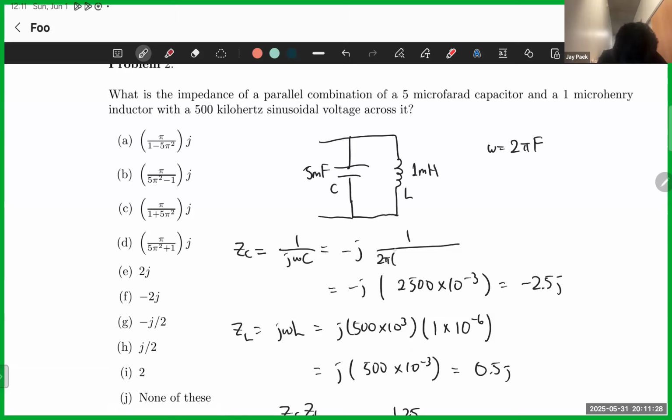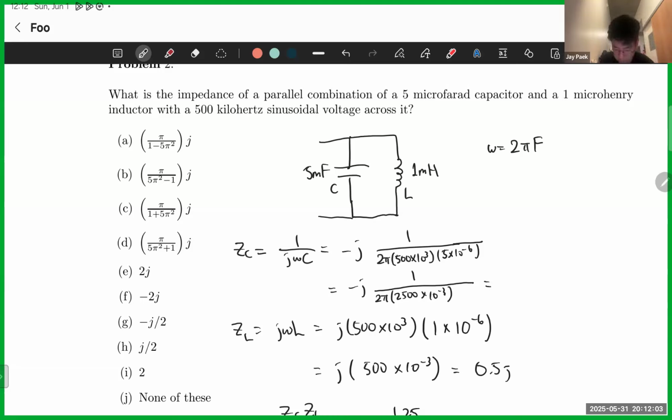We have 2 pi times 500 times 10 to the 3. And what was it? 5 microfarads, so 5 times 10 to the negative 6. There we go. And then keep going, 1 divided by 2 pi times 2500 times 10 to the negative 3.